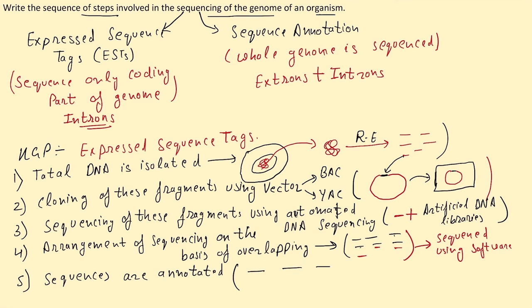If these are the fragments first, second, third, then they will be annotated on a chromosome, like the second is annotated on this chromosome and the third is annotated on this chromosome, and then their functions are expressed.